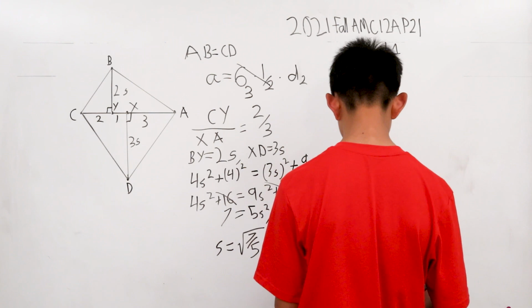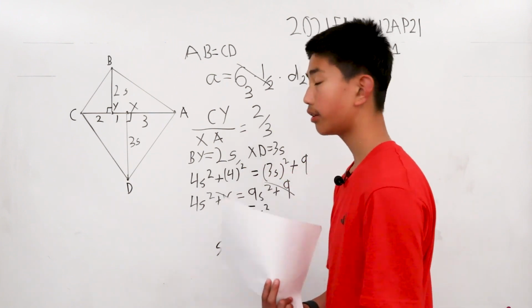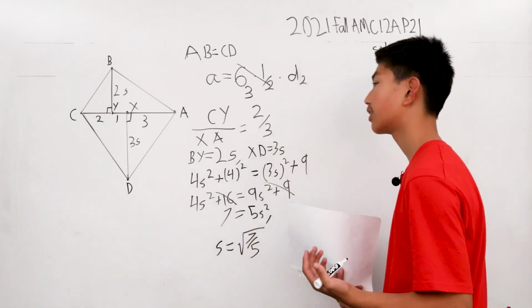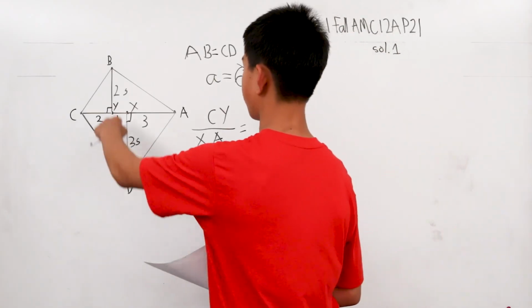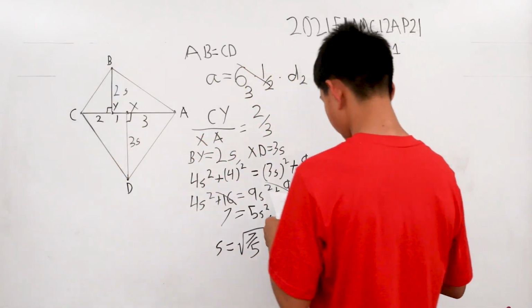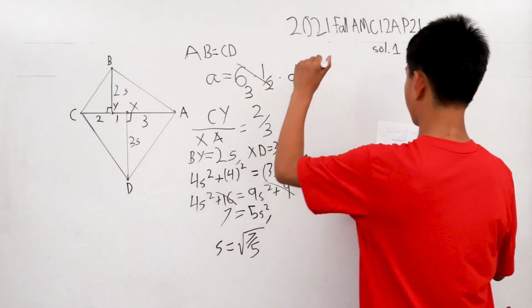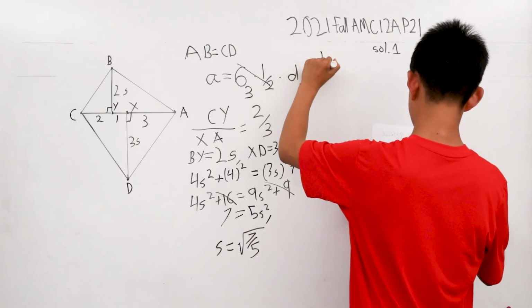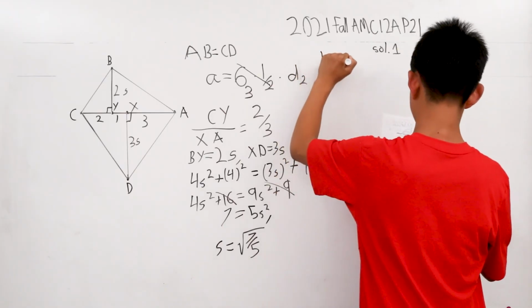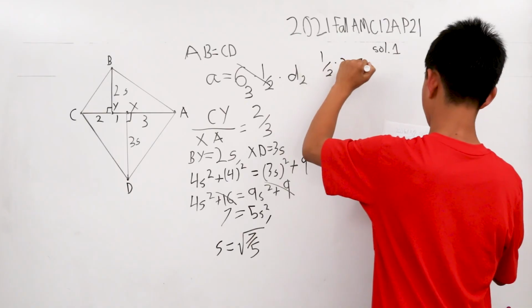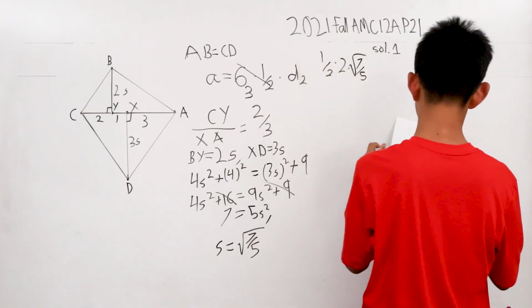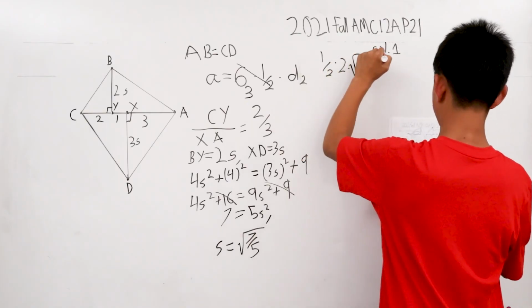So now that we have that, we can simply utilize this information to find the lengths of this big diagonal here. So the whole area is going to be 1/2 times 2 times square root of 7/5 times 6.